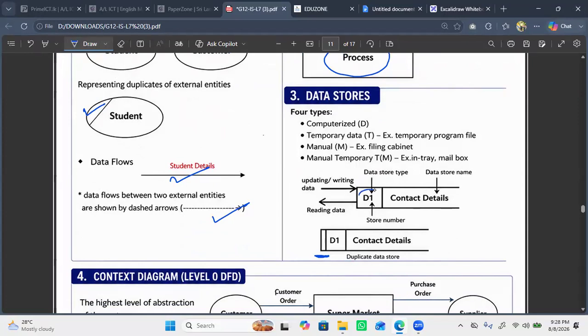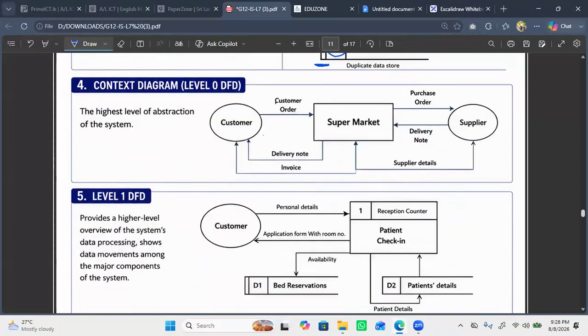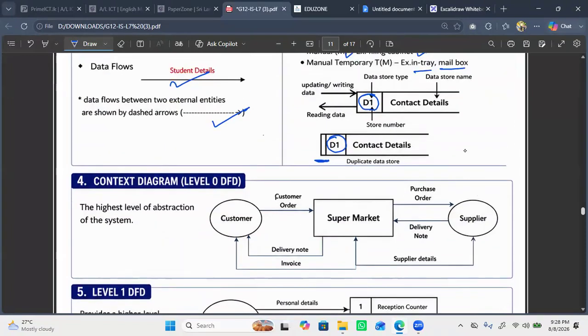So you know the meanings of the letters you put here. D means computerized. T means temporary. M means manual, like a filing cabinet. Manual temporary is an in-tray or mailbox, something where we are holding the data temporarily. These things will be given to you inside the question, right? Give it some time. Right. Okay.